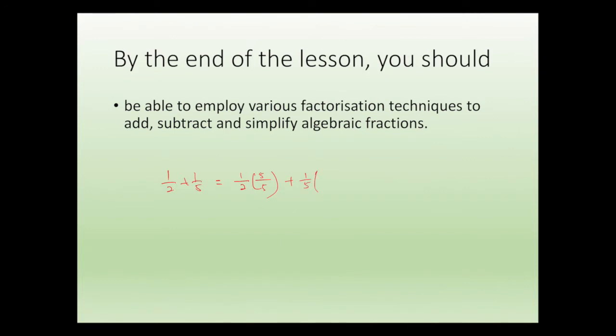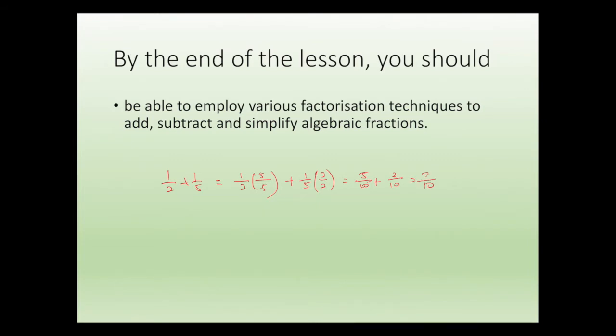And then, of course, the 1/5. I am multiplying the denominator by 2 to make it 10 and the numerator by 2. So therefore, we now have 5 over 10 plus 2 over 10, which is 7 over 10.